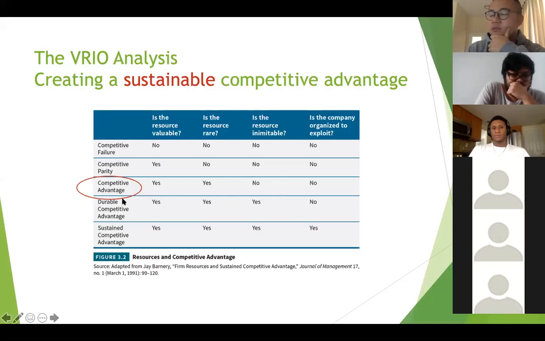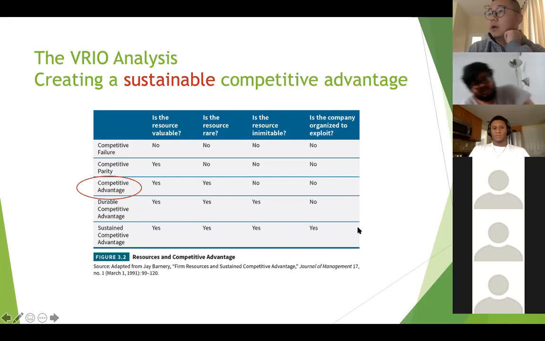But it's still not sustainable. So here, if the company has resources which are valuable, rare and inimitable, it will be a durable competitive advantage. At the very end, if you want to achieve sustained competitive advantage, it has to get all four here. Okay.